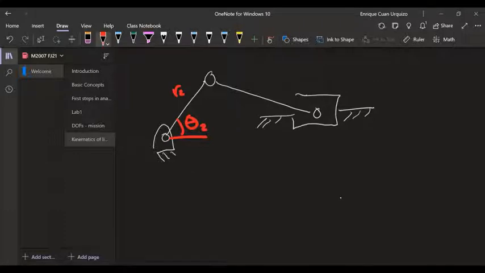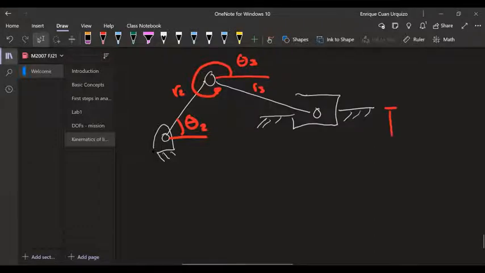Okay, then that guy is theta 3 because this link is R3. And now I have an offset. I intentionally drew the axis in which the slider moves at a certain vertical distance from the origin. Okay, so I have an offset here, and this offset is called R1.